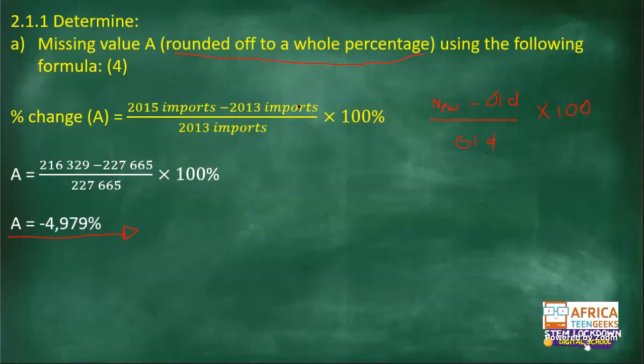Rounding it off to a whole percentage would be approximately 5%. It should be approximately -5, ne? -5, yeah. Because it's a whole number, so we shouldn't write in decimal places. Yes. Thank you very much, Limondre.